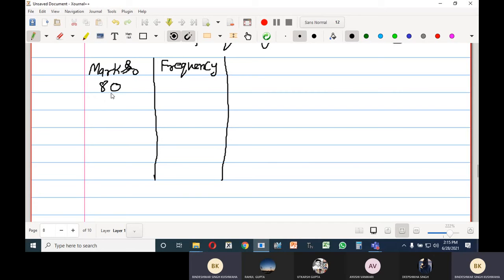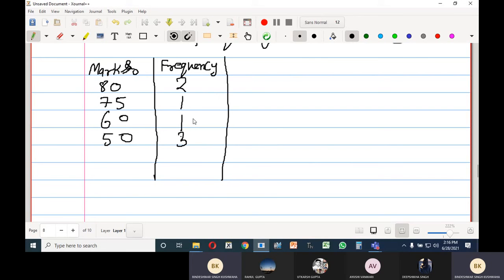So let us see, if 80 marks have been got by 2 students, 75 marks by 1 student, 60 marks by 1 student, and 50 marks by 3 students. Okay, let us make it simple.